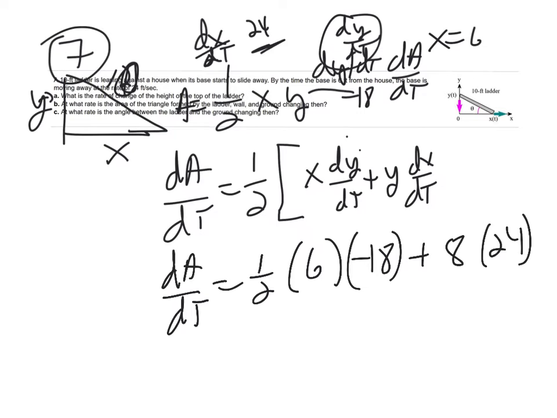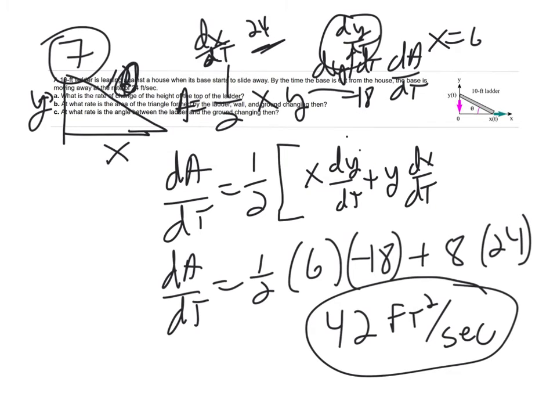And then we're just going to multiply this, and let's see. I got 42. Now, the units are always important because we're trying to find the rate of change of the area. We're doing square feet per second. Yeah, because it's area. Okay. So that's part B.